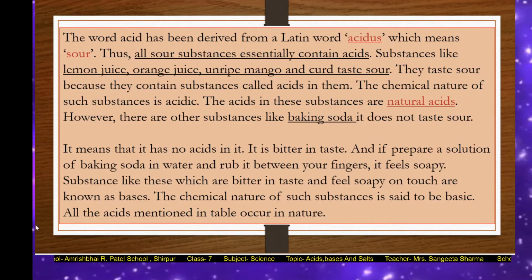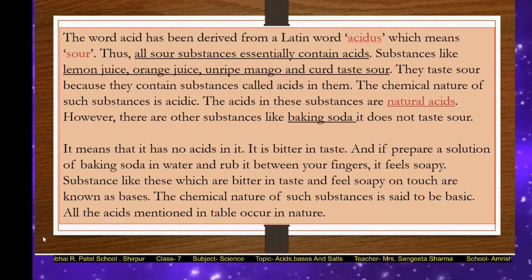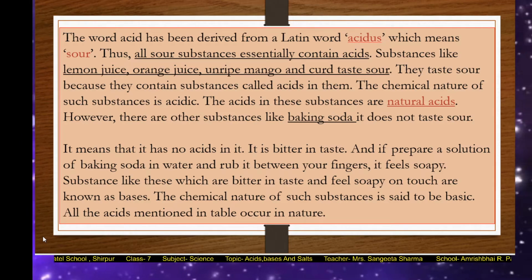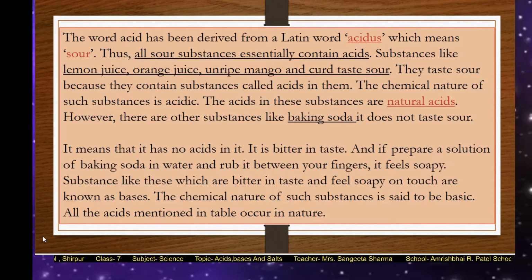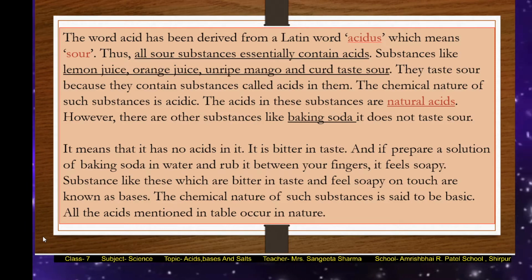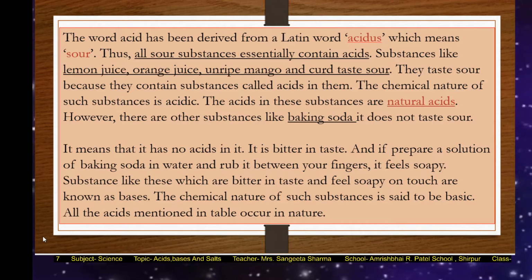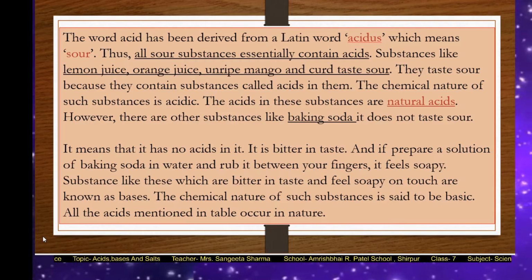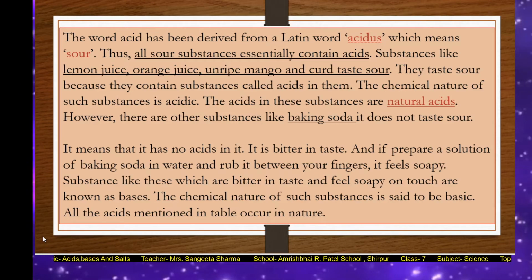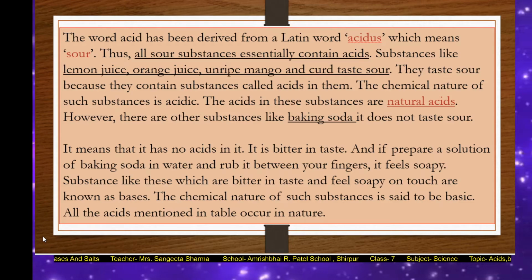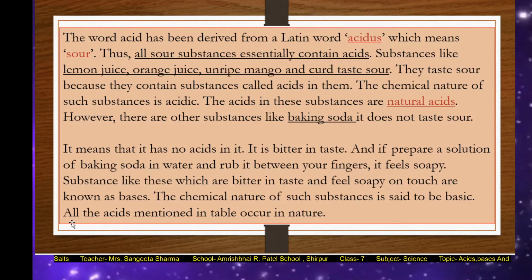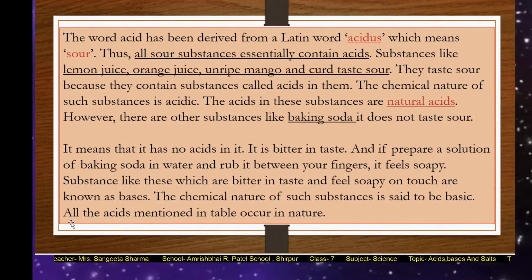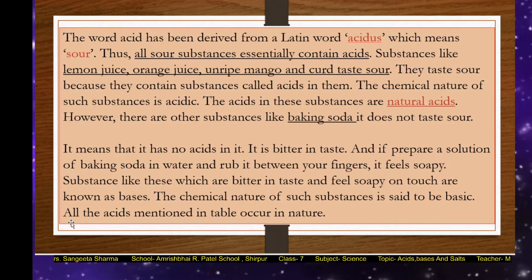Next, how do we name these substances? When I started this chapter, I told you where the word acid has been derived from. The word acid has been derived from the Latin word acidus, which means sour. So all sour substances essentially contain acids.